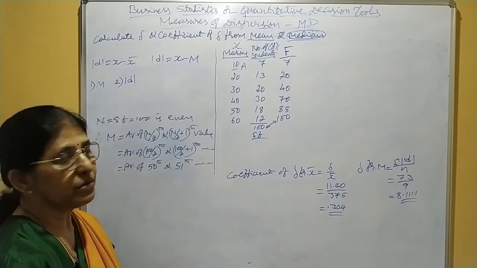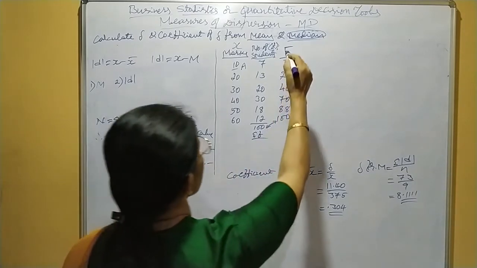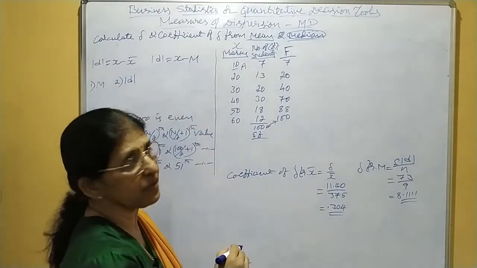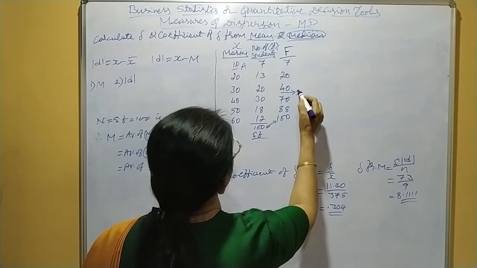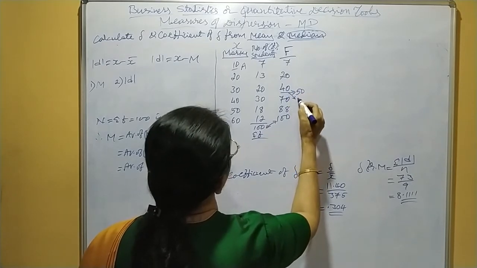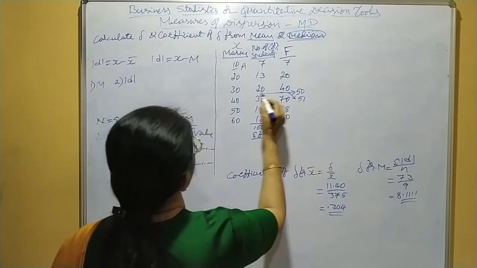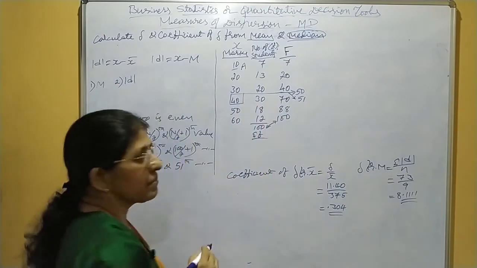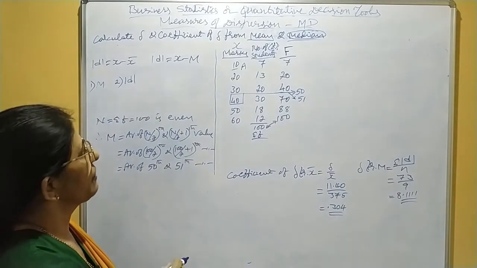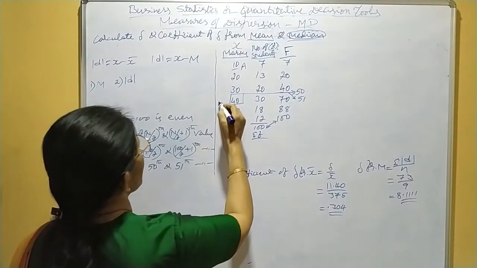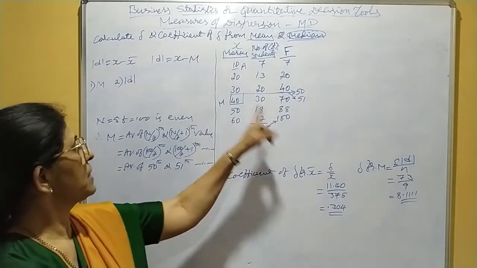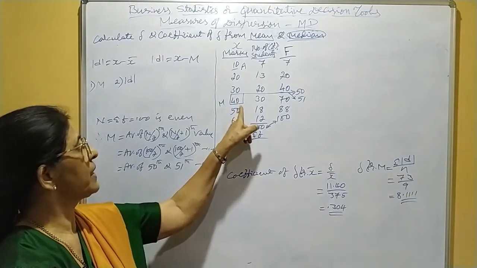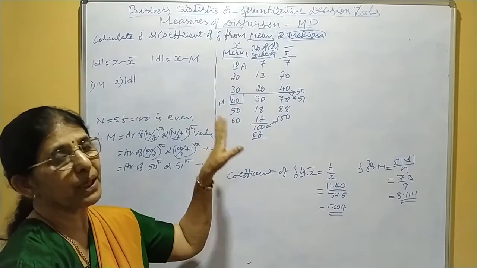Now what we have to do? We have to locate this 50 and 51 in the cumulative frequency column. 50 lies between 40 and 70 and 51 also in the same place. Now we have to take the value in the variable column, that is 40, which is nothing but m. Here both the values are located in the same place, therefore we get only one value in the variable column.